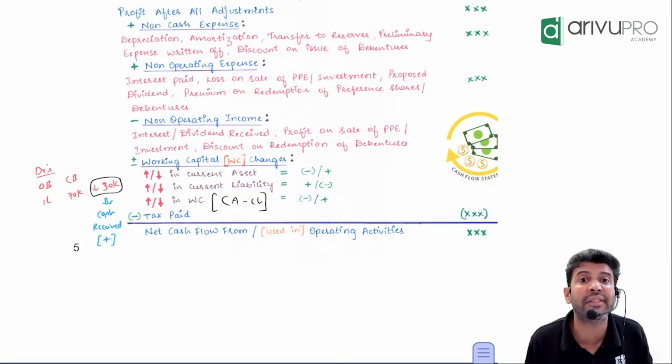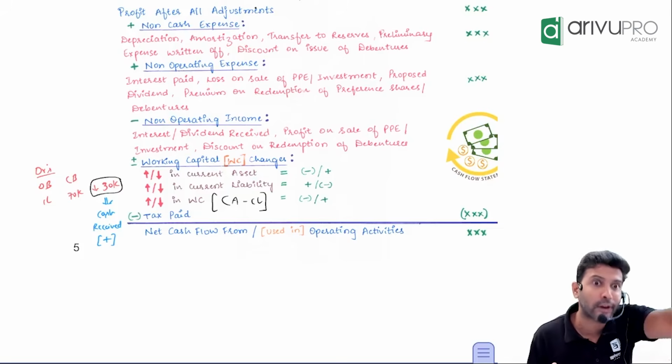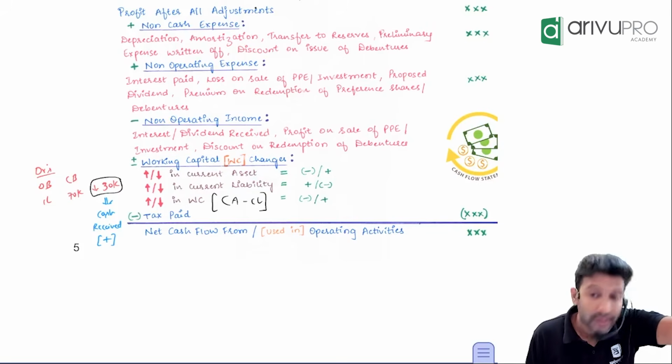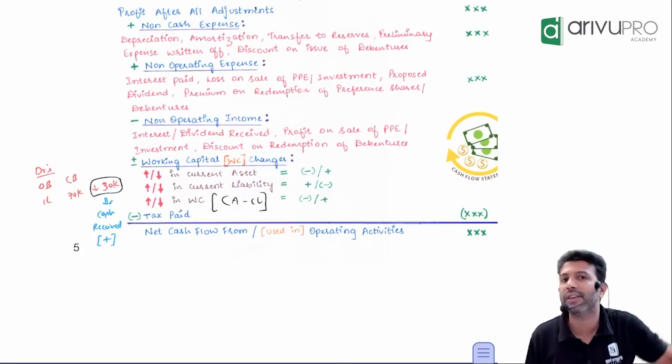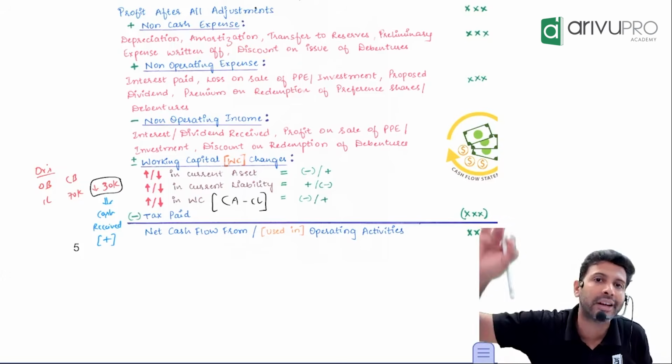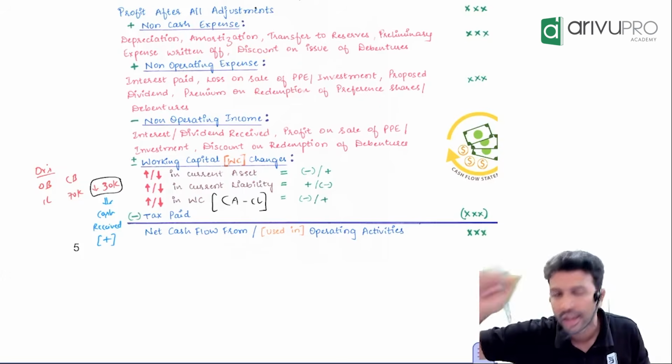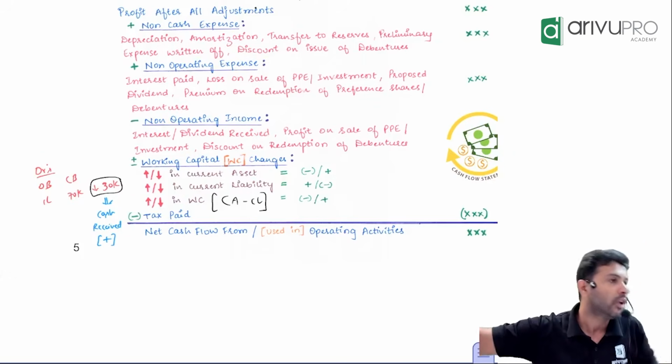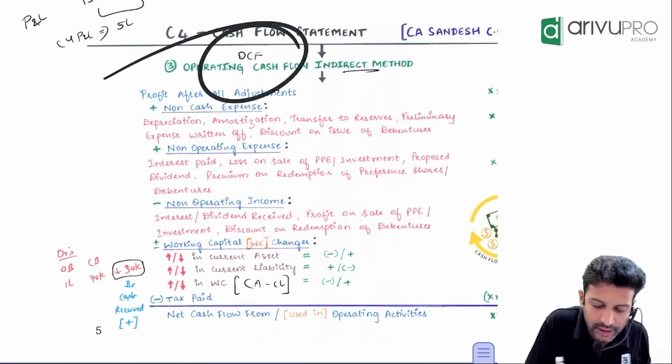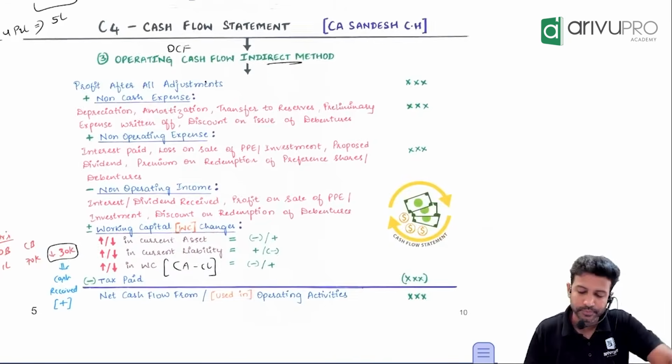Suppose you paid dividend distribution tax. It is abolished now, but if they give it, dividend paid is a financing activity, so any tax attracted on it, like dividend distribution tax, has to be shown under financing. If no information is given, it comes under operating cash flow.